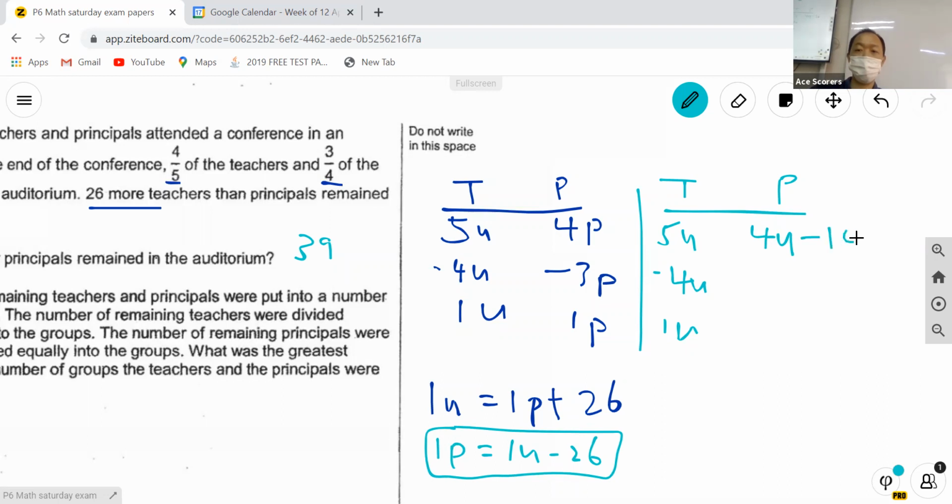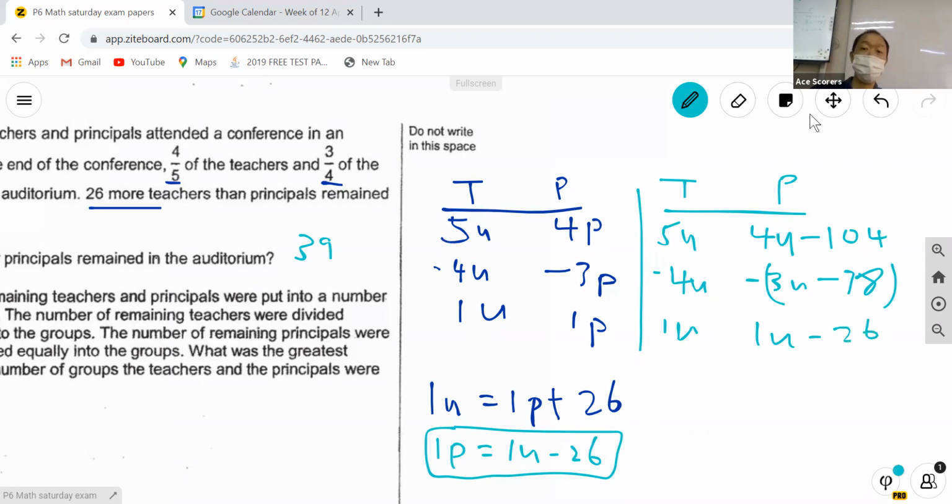Take away 104. And here would be 3 units minus 78. So finally we are left with 1 part, which is just 1 unit minus 26.